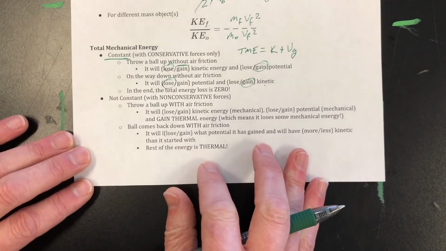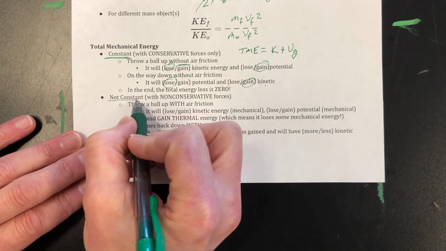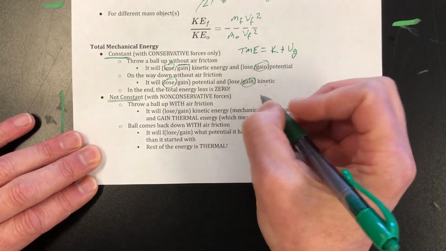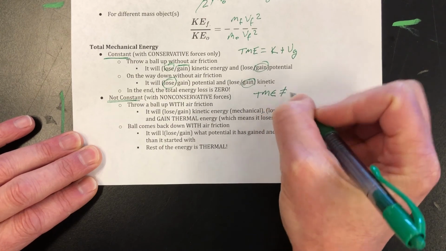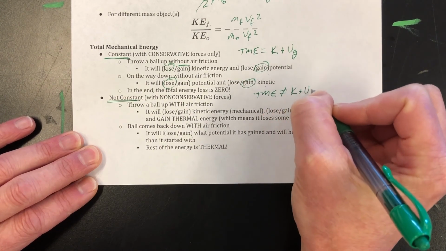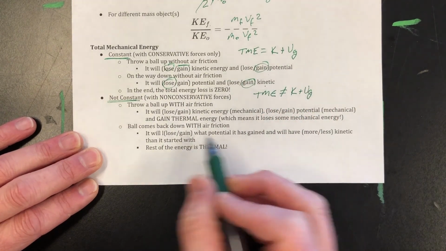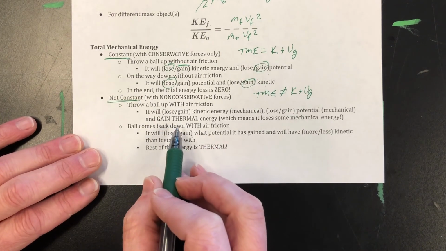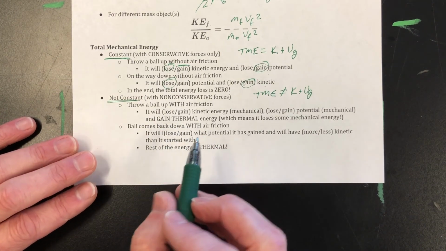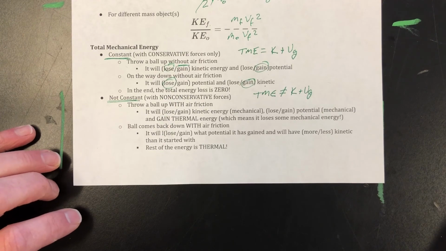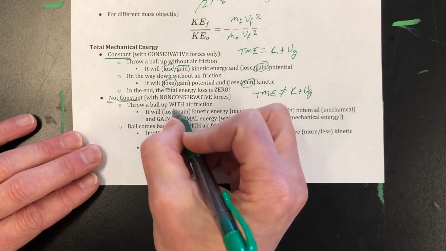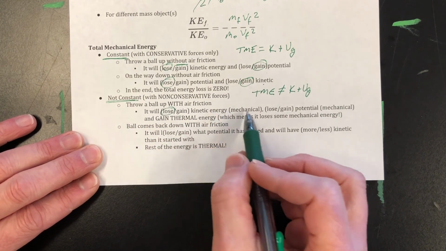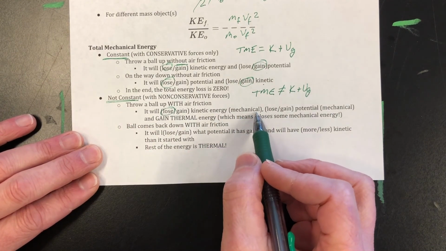If something is not constant mechanical energy, that means that the total mechanical energy is not equal to the sum of the potential plus the kinetic. And that's because you're losing a little bit of energy as you go through. So if you throw a ball up in the air and there's air friction, you're going to lose some kinetic energy, which is mechanical.